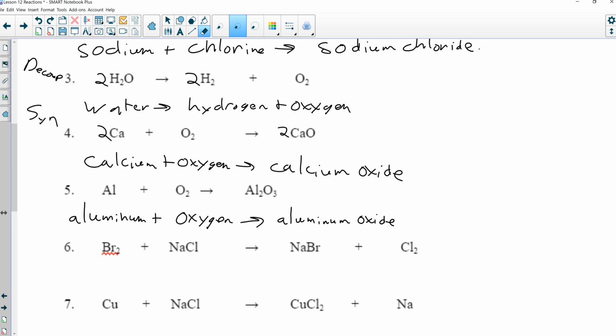I've got 3 oxygens on the product side, but I only have 2 in the reactants. What's the lowest common multiple? 6. So what needs to go in front of the aluminum oxide? 2. What needs to go in front of the oxygen? 3. And what needs to go in front of the aluminum? 2 times 2 is 4. Yeah?